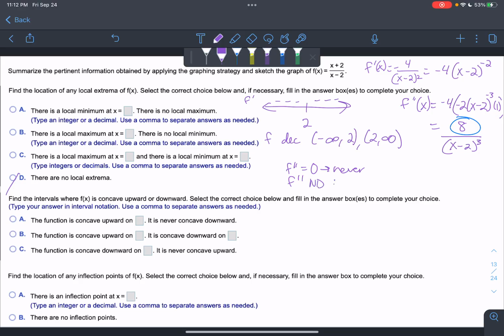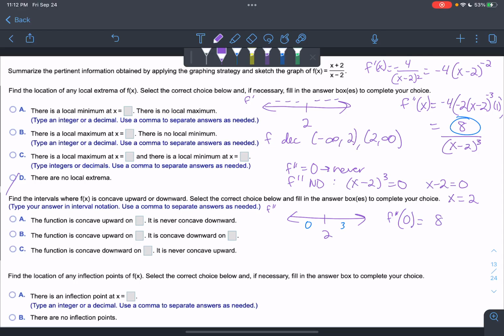That's going to occur when my denominator is equal to 0, right? So x minus 2 is equal to 0, or where x equals 2. So on my sign chart, I'm going to have a partition number of 2. So let's test 0 and 3. F double prime, remember to plug it into f double prime.